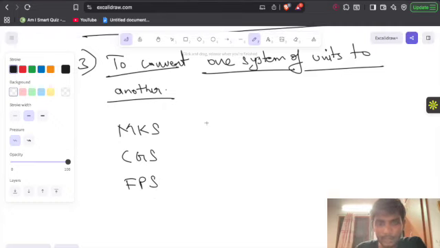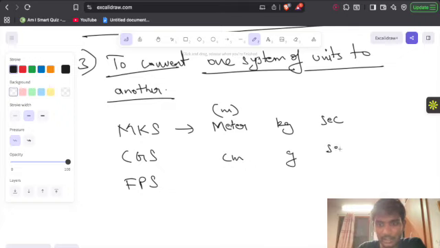Okay, so MKS is meter, kilogram, second. CGS is centimeter, gram, second. FPS is foot, pound, second.